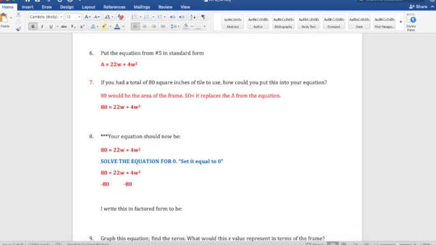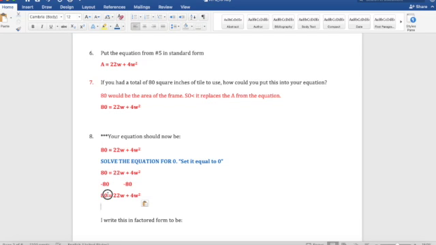So when I put that down there, I'm going to get 0 equals 22w plus 4w squared minus 80. And I'm actually just going to flip-flop these two. I'm going to put the 22w over here.